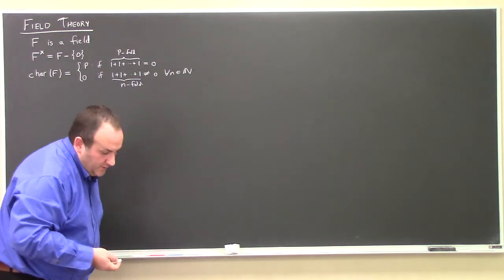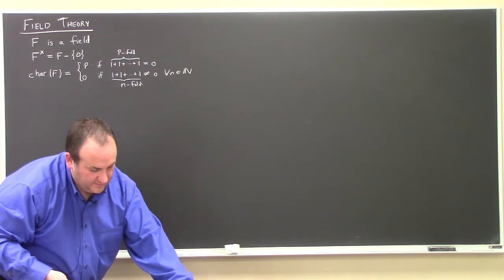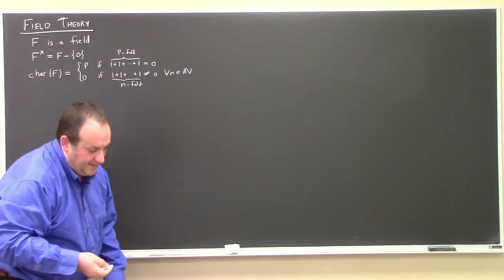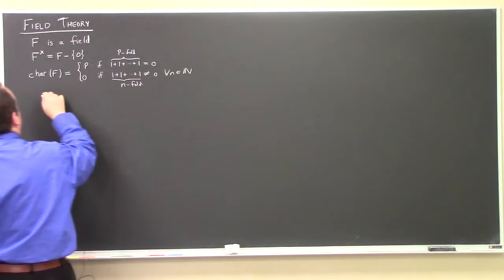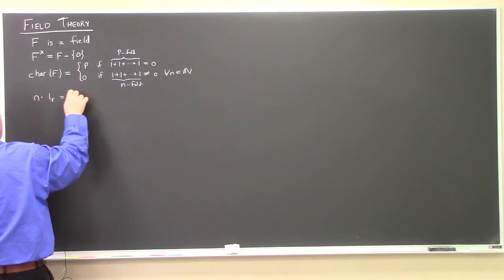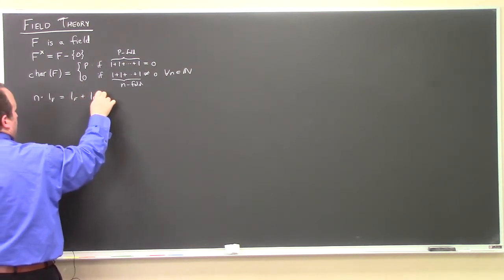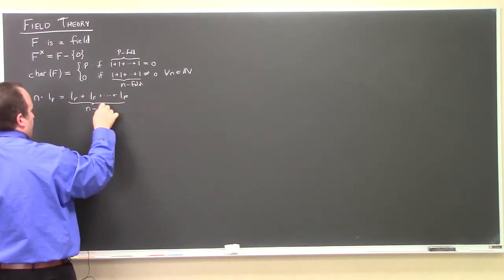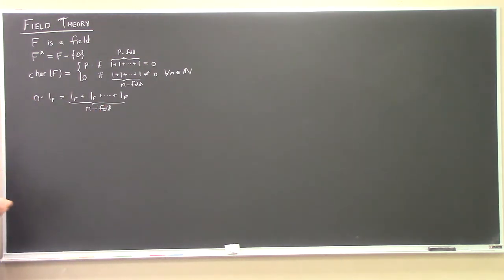We remember we have some basic rules of arithmetic that you can build from the identity in the field, right? So he's using 1_F, so n times 1_F is equal to 1_F + 1_F + ... + 1_F, n-fold, for positive integers.